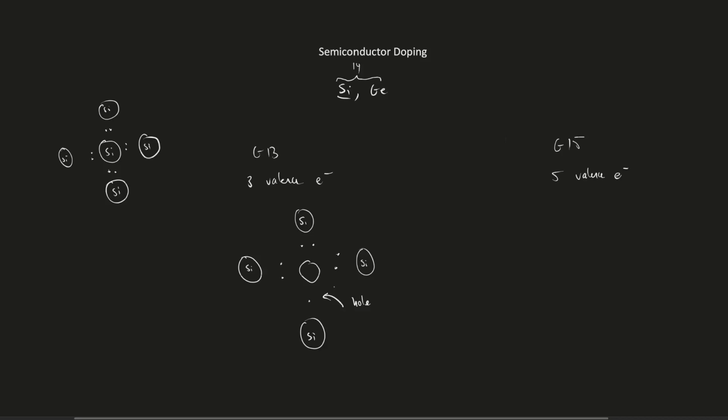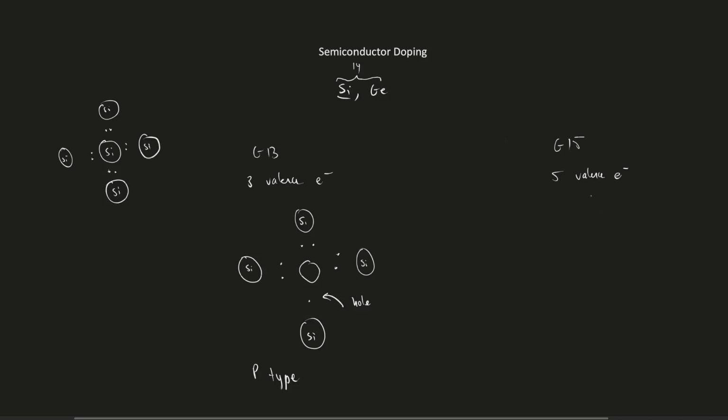And if you look at the energy level associated with these holes, it's actually within the band gap. So the energy required to get them moving, so to speak, is lower than the energy required for a pure semiconductor. So conductivity goes up. So this results in what we call a p-type semiconductor. P because of the positive hole.